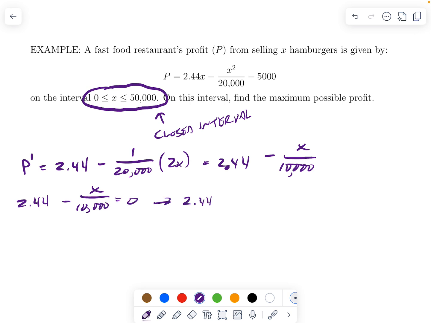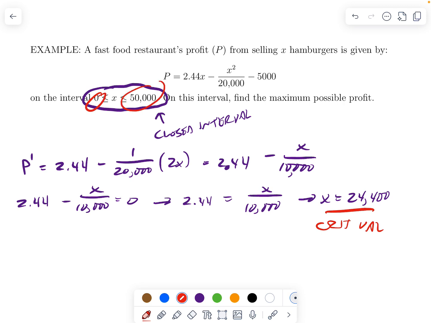This means 2.44 is equal to x over 10,000, which means x is 24,400. So that's our only critical value. And our endpoints are 0 and 50,000.